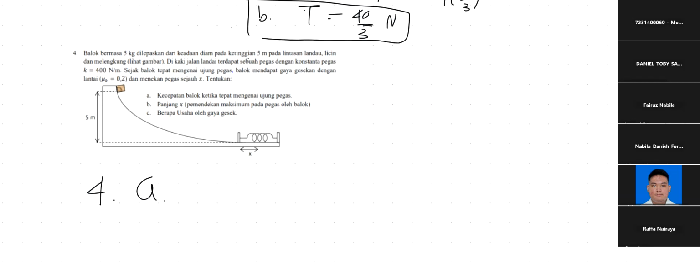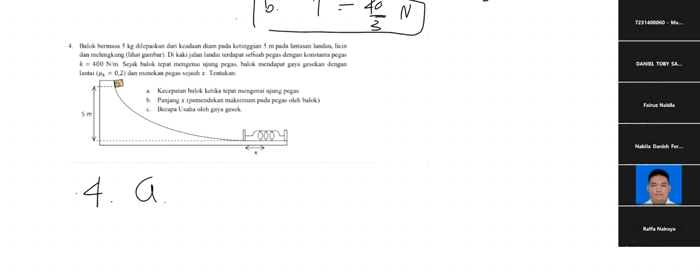When the block hits the edge of the spring, the block gets a frictional force with a kinetic coefficient of 0.2 and compresses the spring as much as x. For A, find the velocity of the block right when it hits the end of the spring.